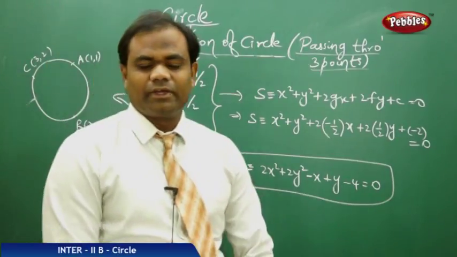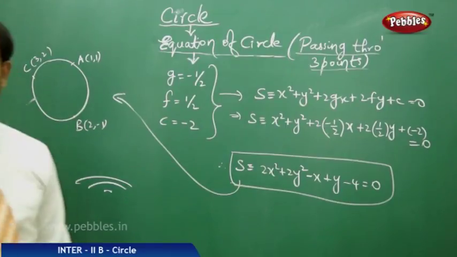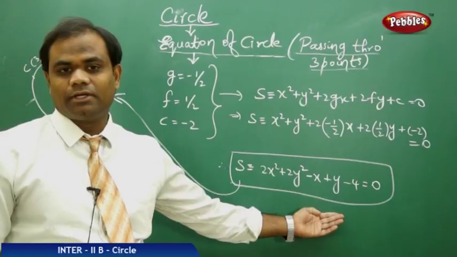This is how we can find the equation of the circle which is passing through 3 distinct points on the circle, and hence its equation in general form.